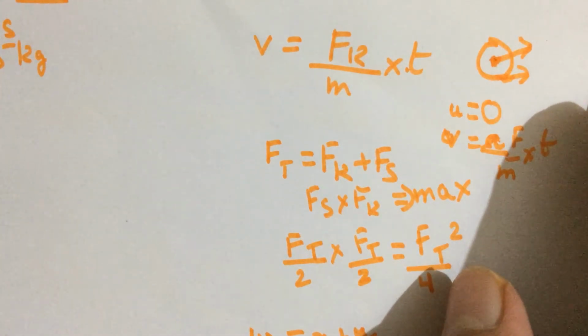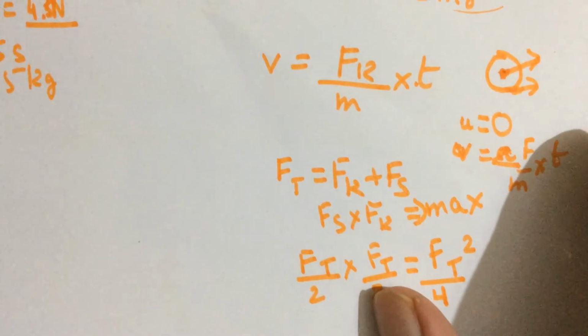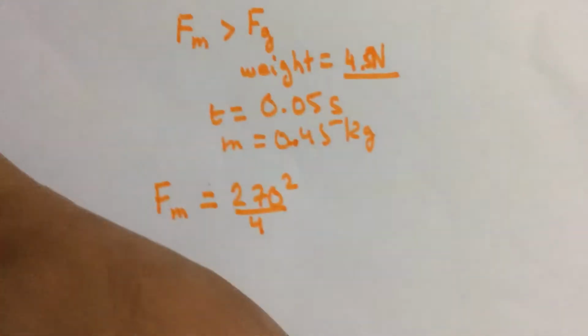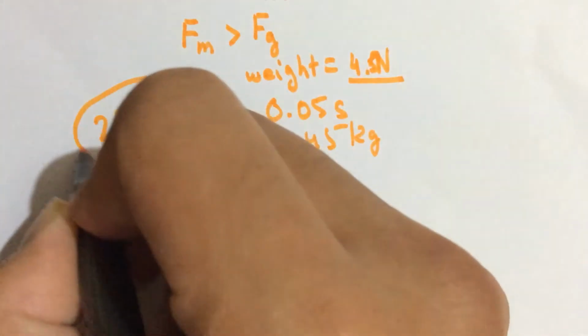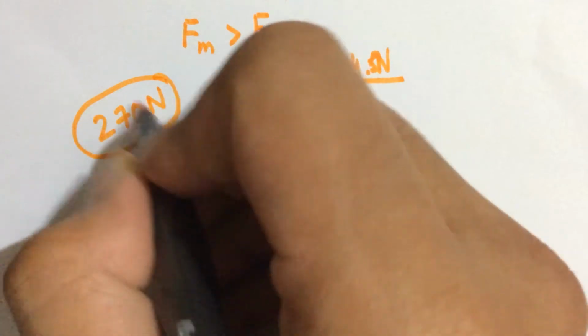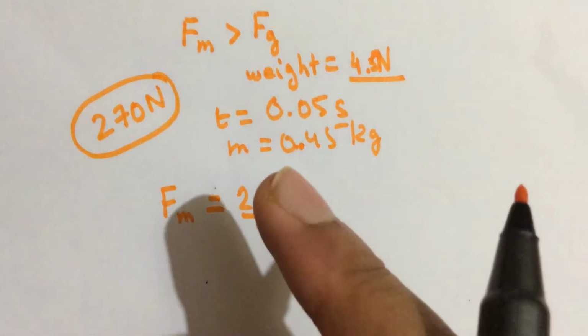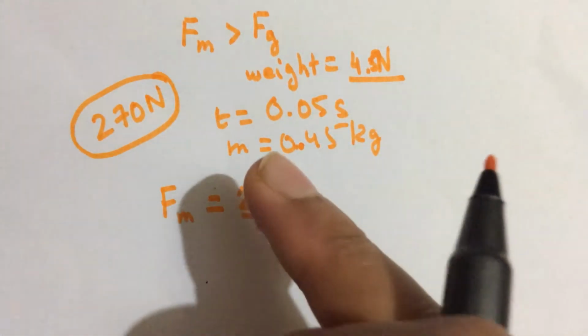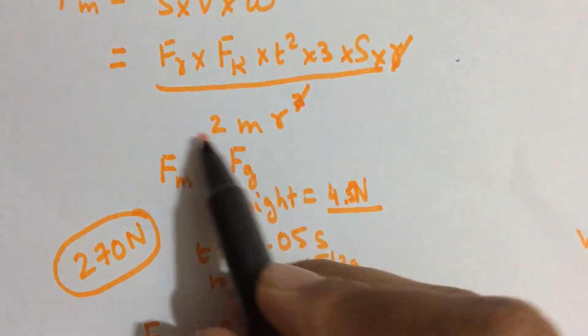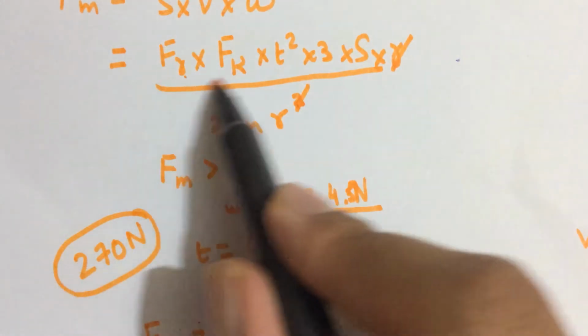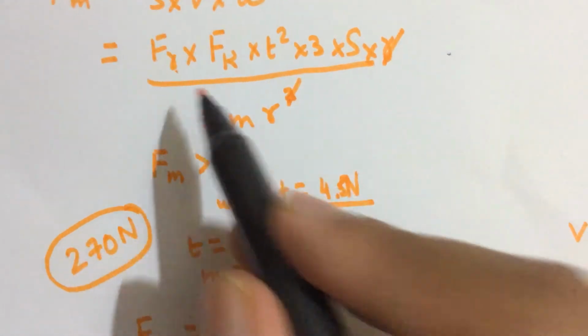Now Ft is the average force put by a footballer, which is 270 newtons. This is the average force a footballer puts on the ball, 270 newtons. So 270 square by 4 is equal to the maximum value of this part of the expression.